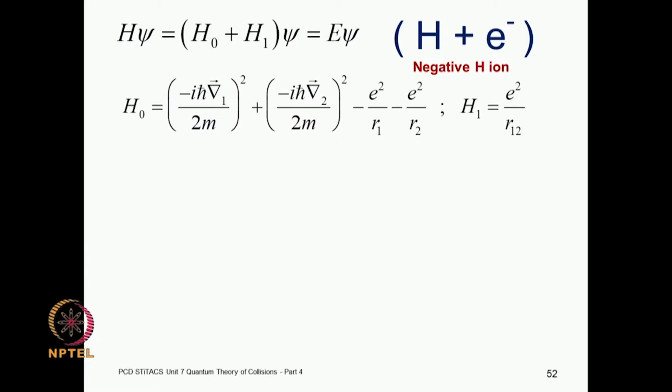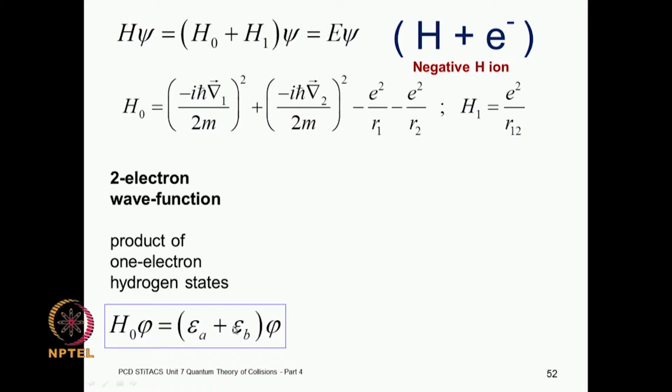So, you have the kinetic energy operator for one electron and the kinetic energy operator for the second electron, and the potential energy of each electron in the field of the nucleus, but you have ignored in H0, the unperturbed Hamiltonian, the interaction between the two electrons. This is your unperturbed Schrodinger equation, and it gives you an energy which is just the sum of the two energies.